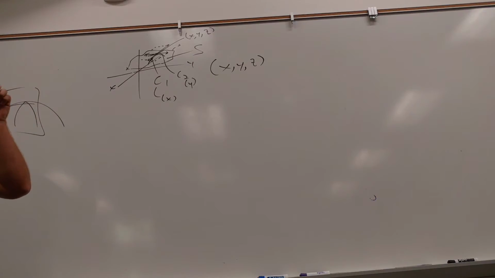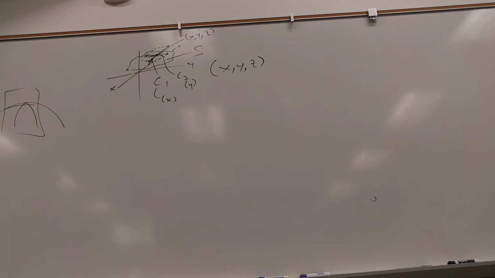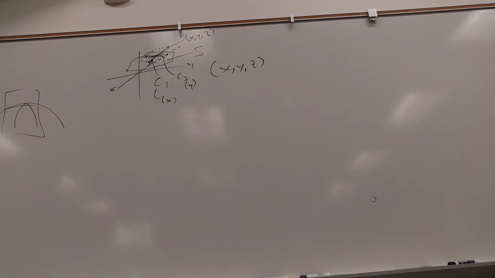Standing on a point on a surface, if I only want to move in the y direction, there's a plane I live in, and it intersects the surface at some curve. I can also talk about the x direction, which intersects the surface at another curve. The tangent lines to those curves are what I'm going to use to define my tangent plane. It makes sense: the tangent plane should be made up of tangent lines.